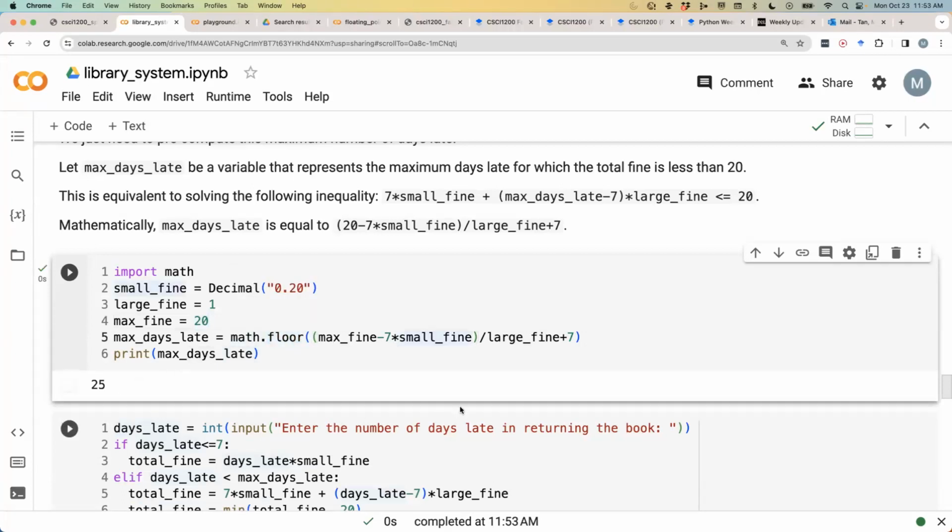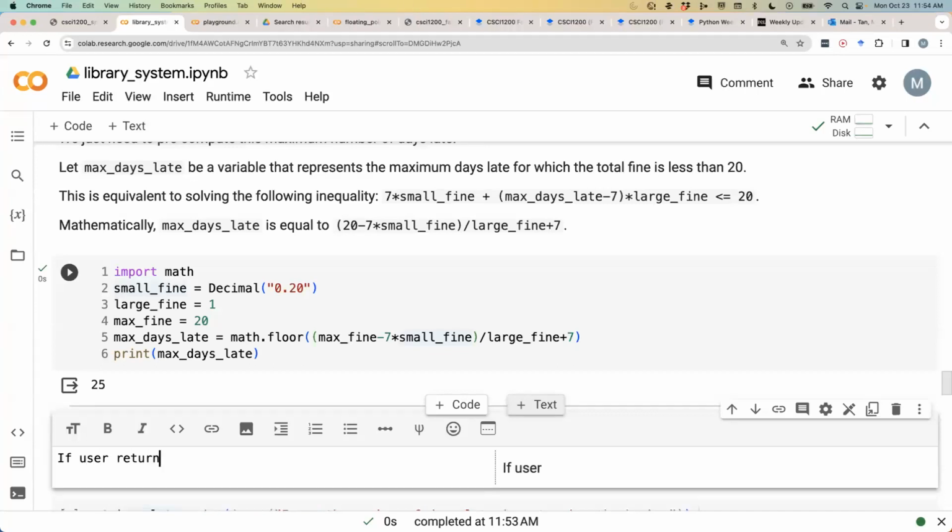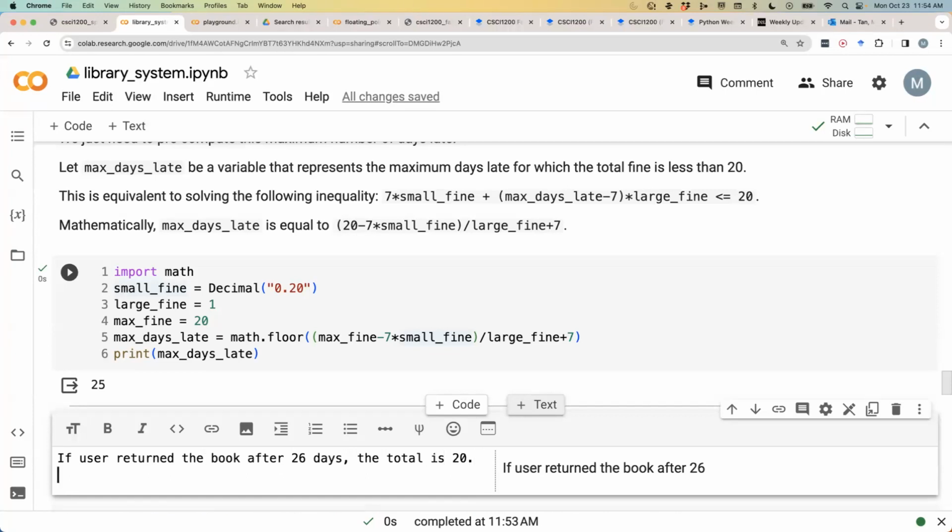Okay, I'm going to write it out here. If the user returns the book after 26 days, the total fine is $20.